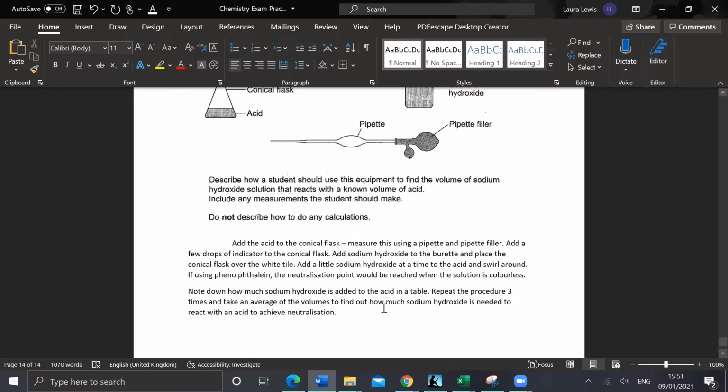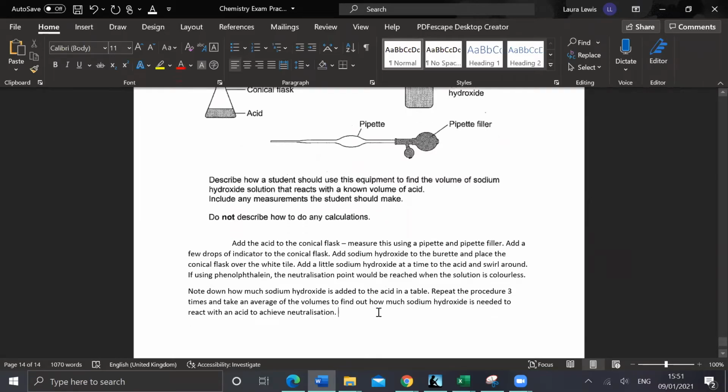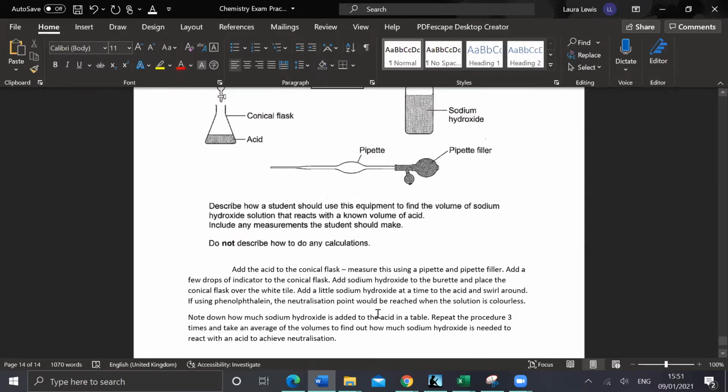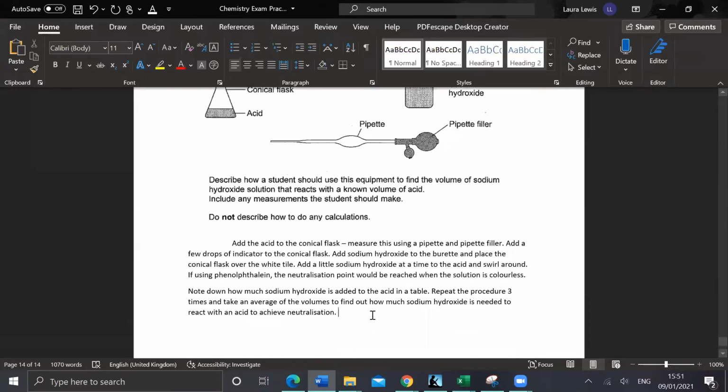So I'll read off the mark scheme. Level one is 1 to 2 marks, because there is a simple description of using some of the equipment. 3 to 4 marks, there is a description of an experimental method involving measurement or including addition of alkali to acid. And for 5 to 6 marks, obviously what we're trying to get, there is a description of a titration that would allow a successful result to be obtained.